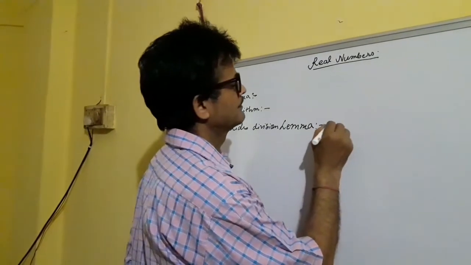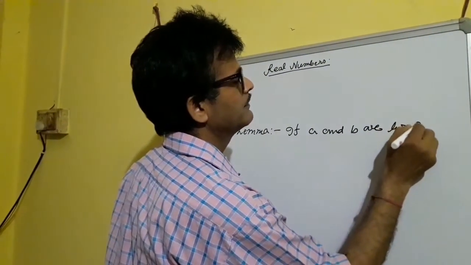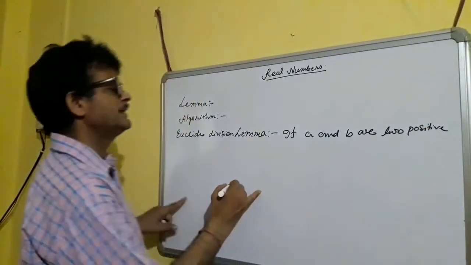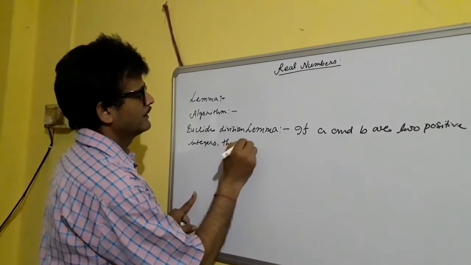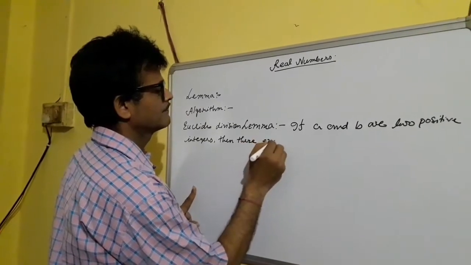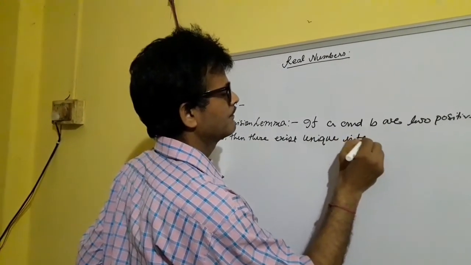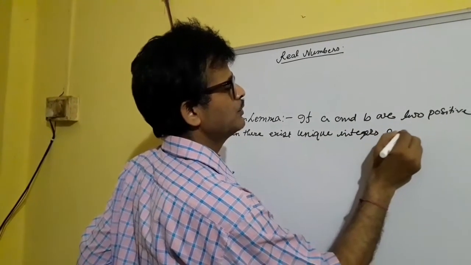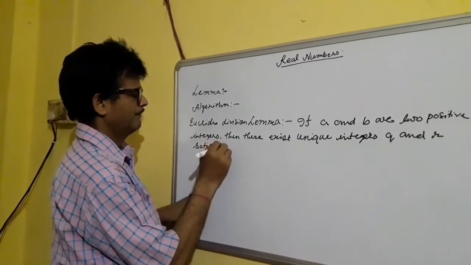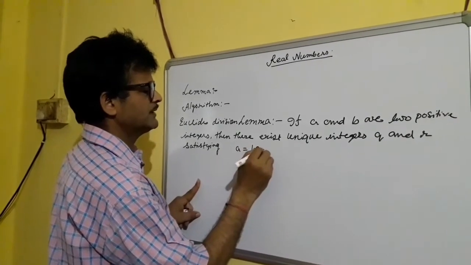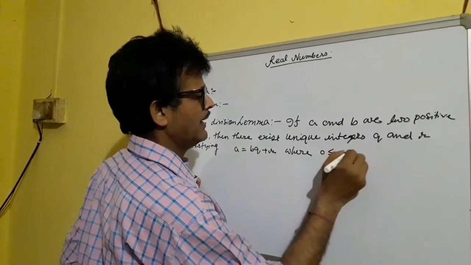If a and b are two positive integers, then there exist unique integers q and r satisfying a equals bq plus r, where 0 is less than or equal to r, and r is less than b.